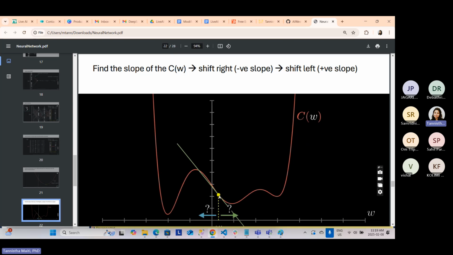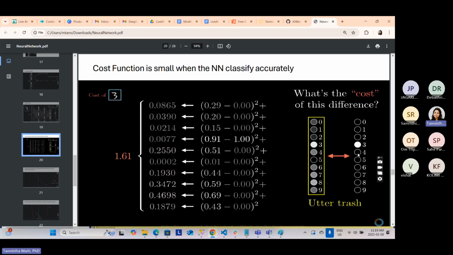So our goal is to make this yellow point come into some of these minima values at least, so that it trends to this ground truth value.